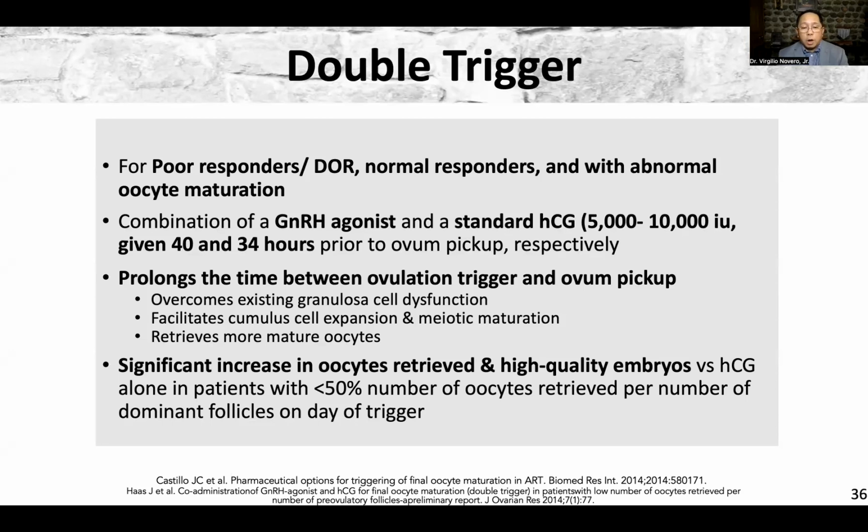So this will prolong the time from ovulation trigger to ovum pickup, and it will overcome any existing granulosa cell dysfunction, facilitate cumulus cell expansion, and you will be able to retrieve more mature oocytes.